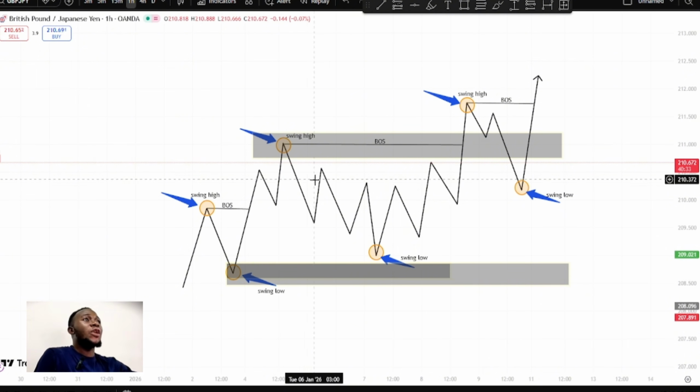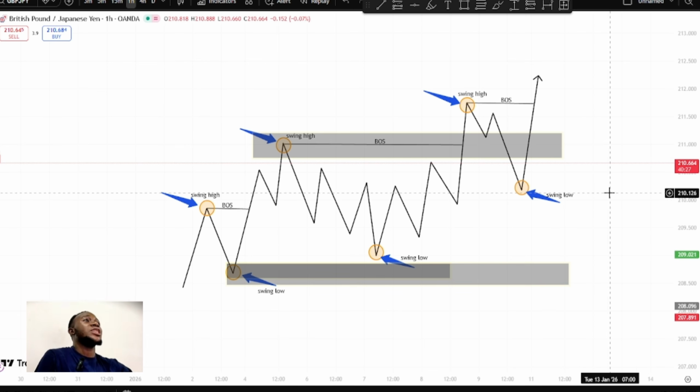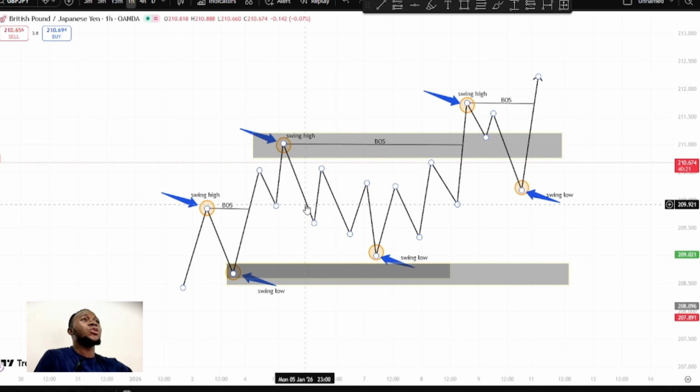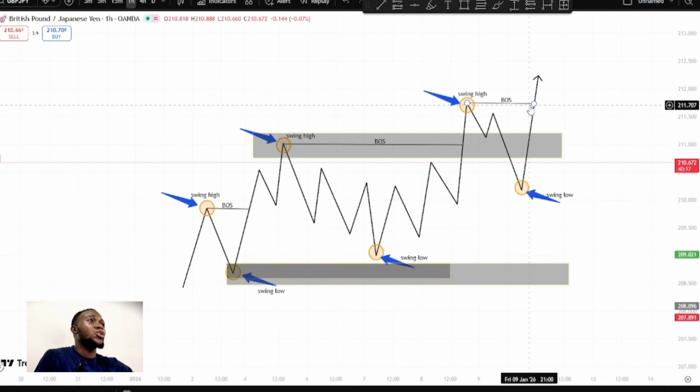What I normally do whenever I open my chart is to always look out for the most recent break of structure. Now, let's say I open my chart and I saw something like this. What I normally want to do is look for the most recent break of structure. And where is the most recent break of structure? This is the most recent break of structure.